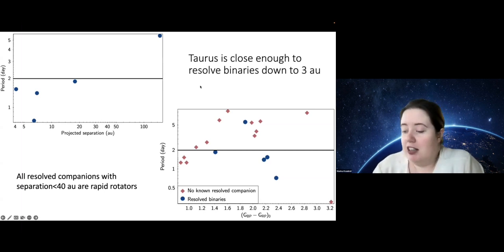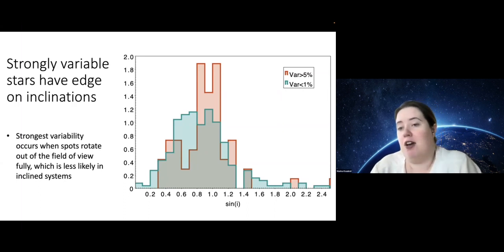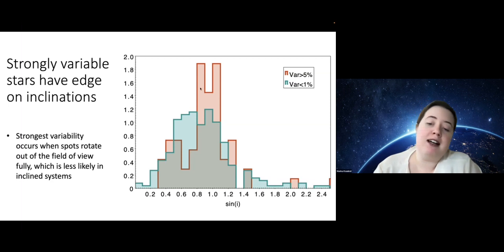But while we are still looking at the inclinations, we can also examine a couple of other fun properties. For example, we can compare the sin i distribution as a function of how strong the variability is in these young systems in Orion. What we find is that the strongest variable stars tend to be most likely to be edge-on, and the more weakly variable stars tend to have more face-on inclinations.